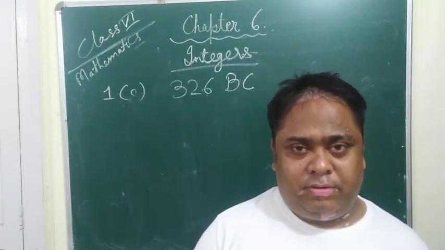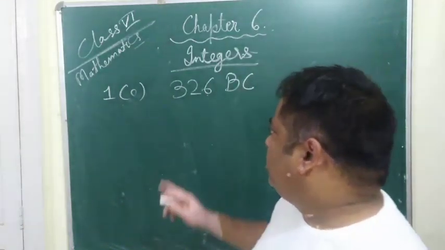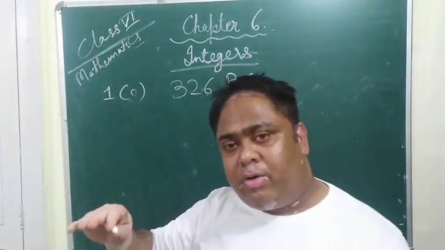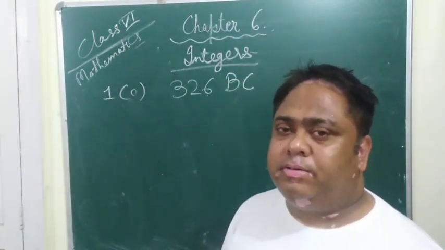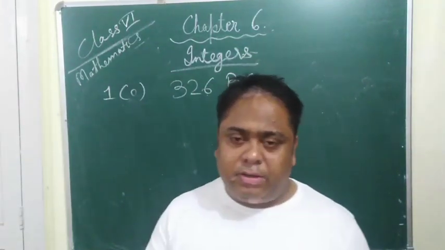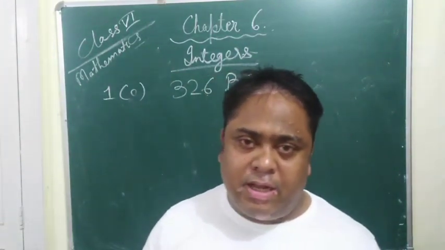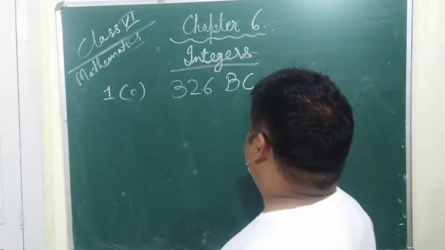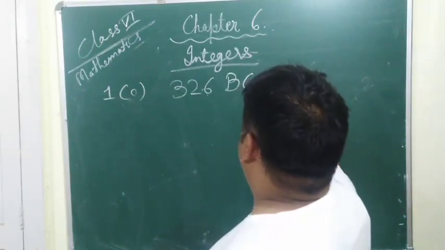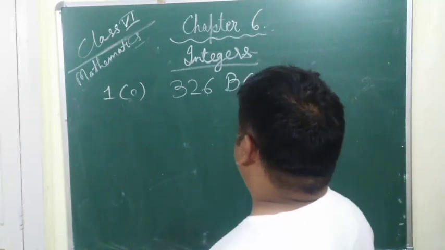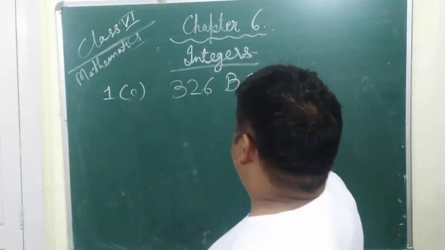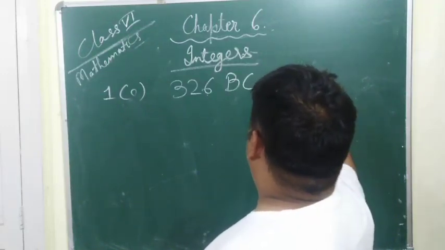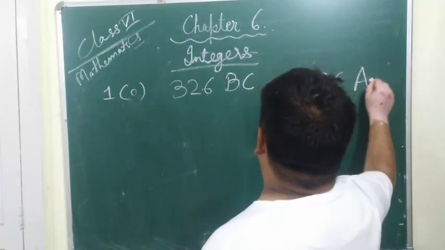So 326 BC means 326 years before Christ was born. And the years after Christ was born are known as Anno Domini, AD. Its opposite will be, this cross sign means opposite, or I can simply write 326 AD.